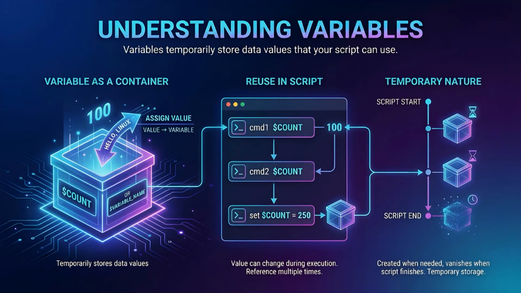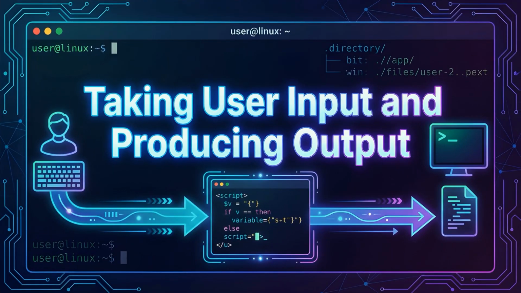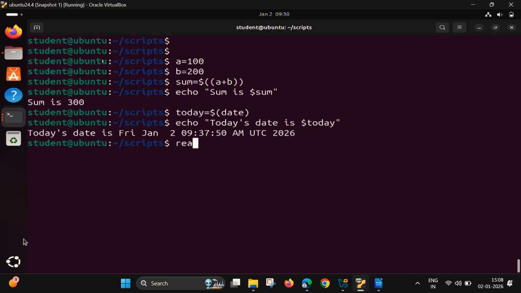Now you want to take some user input and produce the output. So how to read the input? There is a command read. Here I am mentioning read -p, enter your name, and after that we can store it in a variable name.